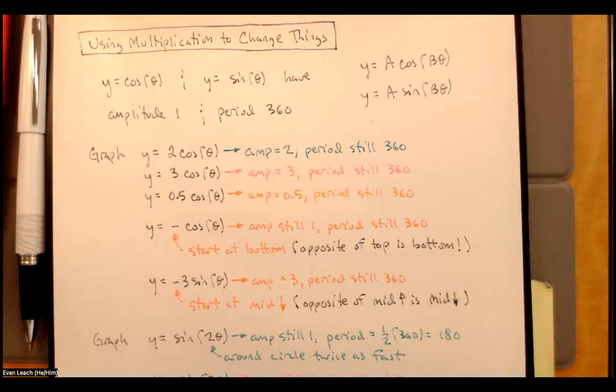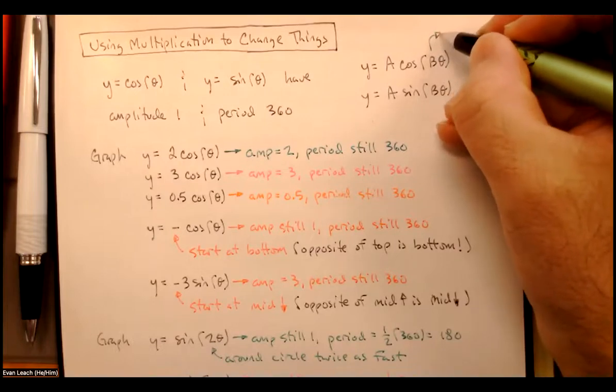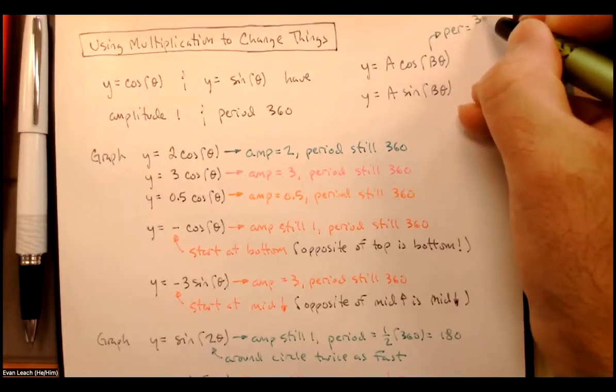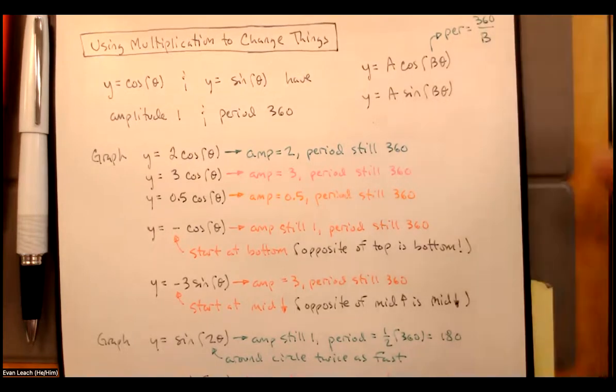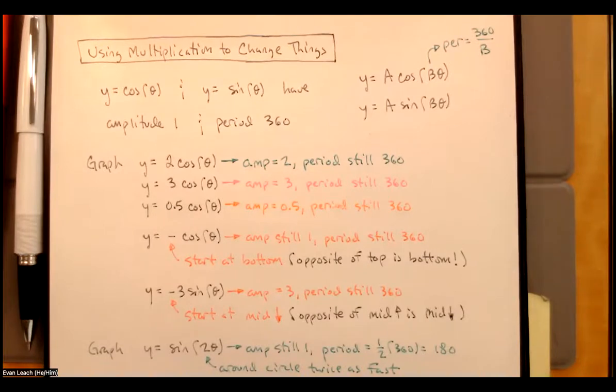The coefficient of theta is going to tell you the period, but it's not actually the period. You take 360 divided by b, that's the period, where b is the coefficient of theta. The amplitude will be the absolute value of whatever's in front.